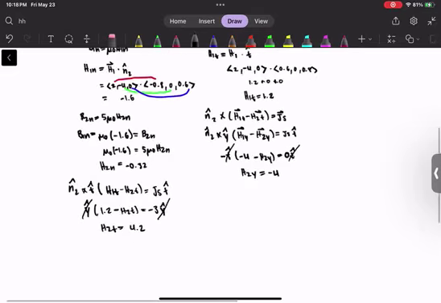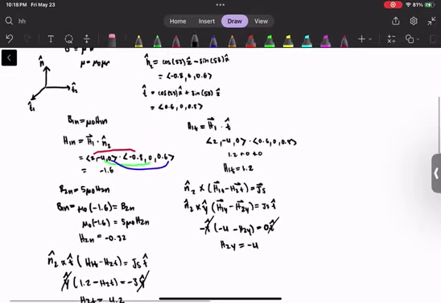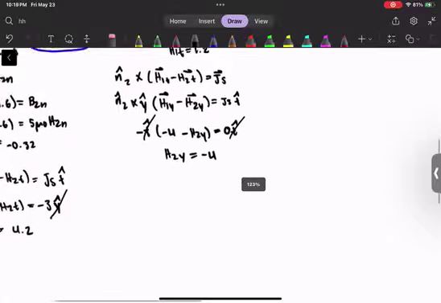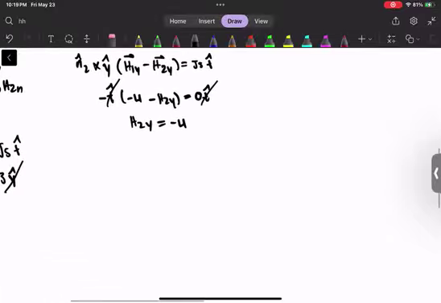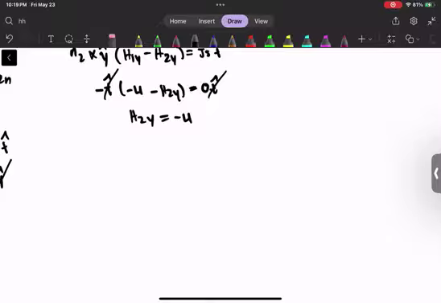So now we found our two tangential components and our normal component. Now we use the following equation to change this vector back into Cartesian, and it's going to solve for the H2 vector, which we're trying to find.